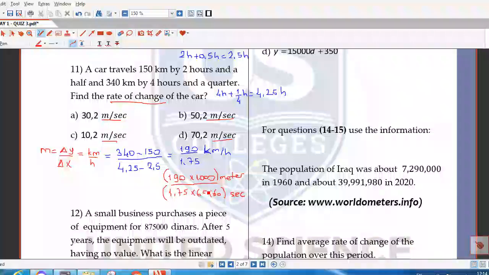If you simplify this division by using your calculator, it will be 180,000 over 6,300 meter per second. So the approximate value is 30.158 meter per second. The approximate value is going to be A.